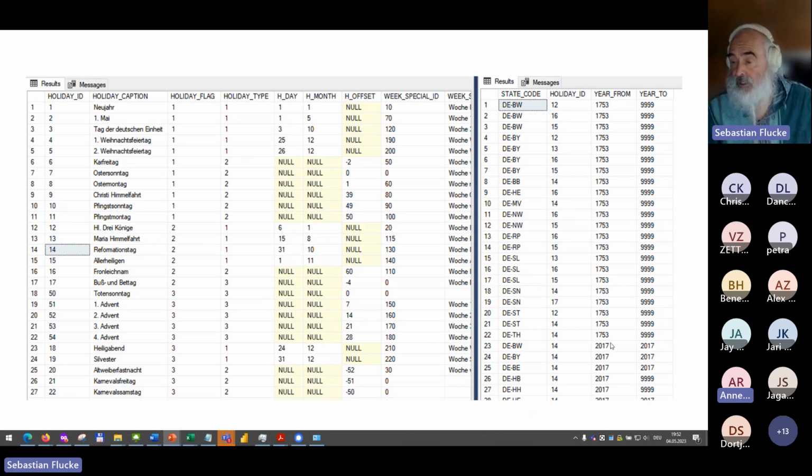And here we have the Reformationstag, which exists for only 1 year in some states. In other states, it exists from 2017 until the end of days. So we have different circumstances. And both tables together give us the ability to create a date table and to mark in every year the related dates with the holiday flag. That's what we want to do.